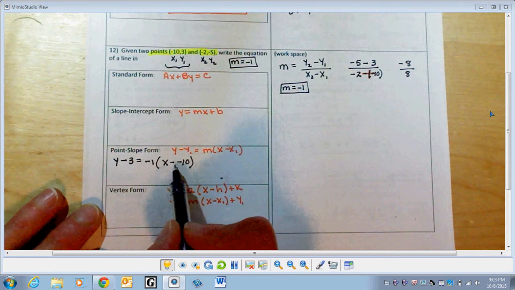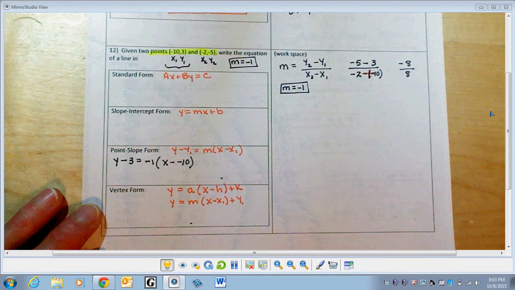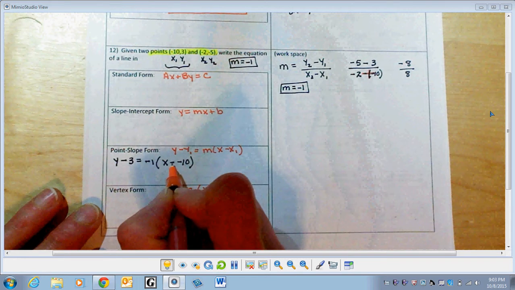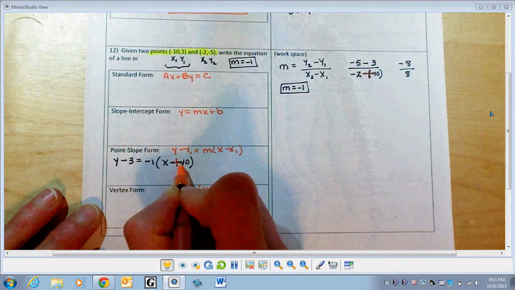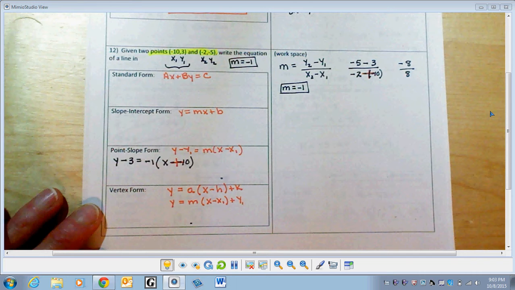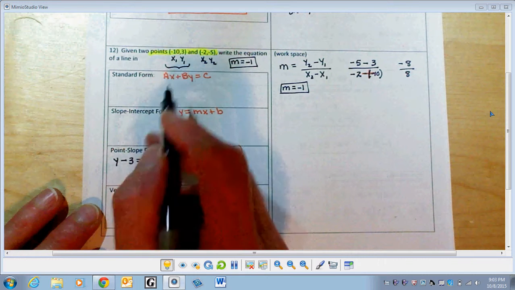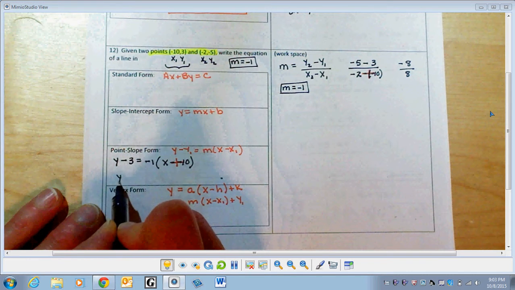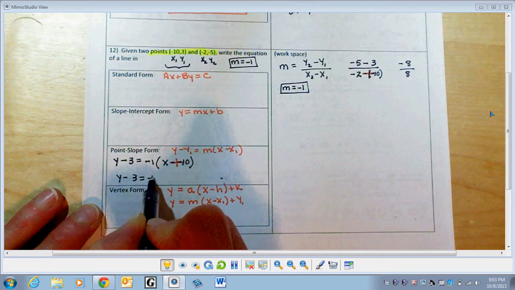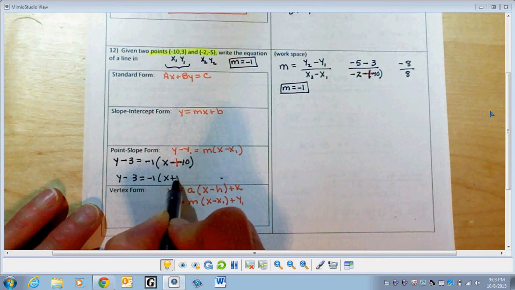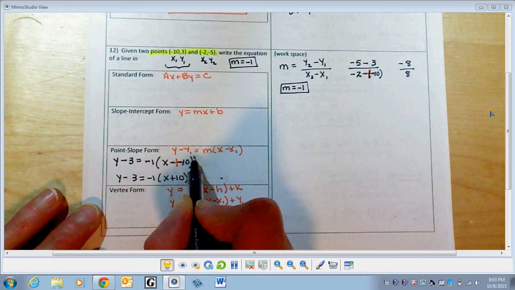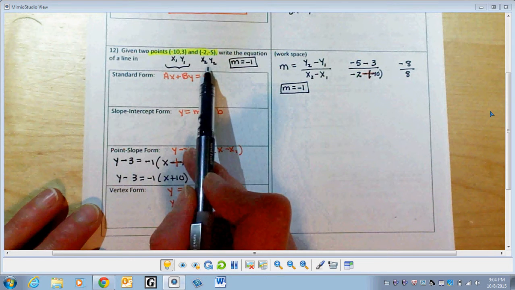Okay, so notice I have a negative negative. A negative negative becomes a positive. So my final answer for this choice of points is y minus 3 is equal to negative 1 times x plus 10.